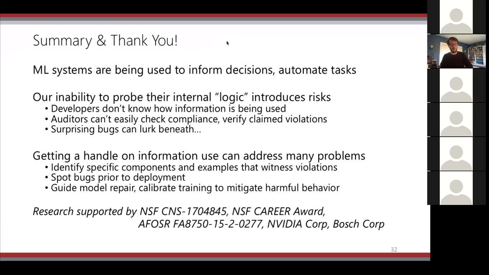The takeaway points are, by now you probably all know that machine learning systems are being used in some very important settings. And the fact that we can't really get inside them and understand them in the same way that we can understand programs that humans write introduces some pretty unique risks.